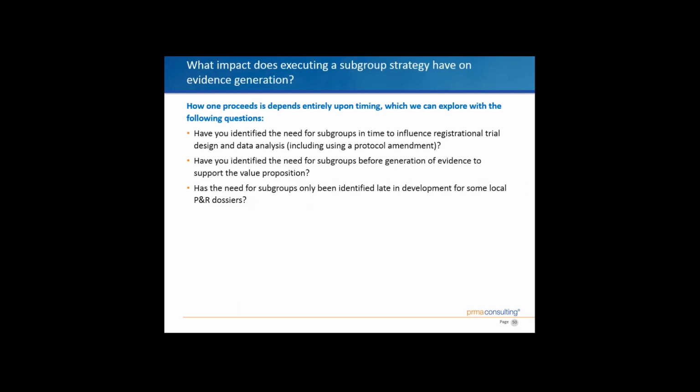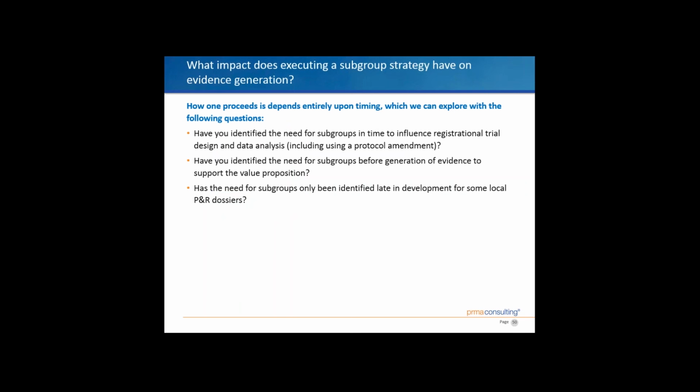And the key point I want to emphasize is in the blue text here: how we proceed with subgroup analysis and subgroup strategy is entirely dependent upon timing. Subgroup strategies and the execution of them aren't facilitated or prevented by the timing, but what the strategy looks like very much is. And we can reduce this to a few key questions.